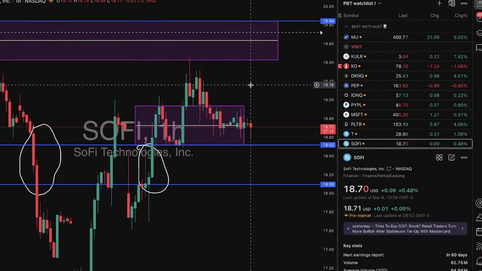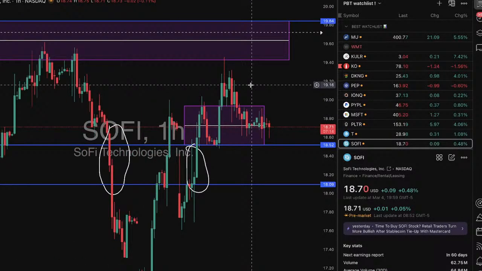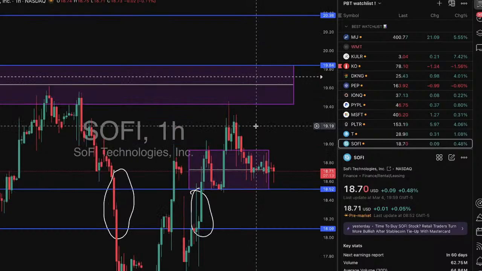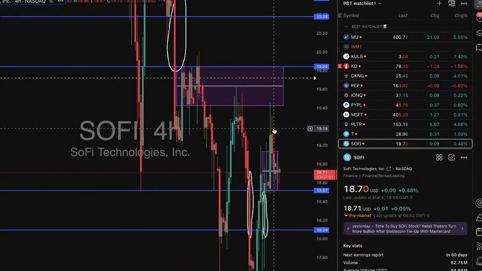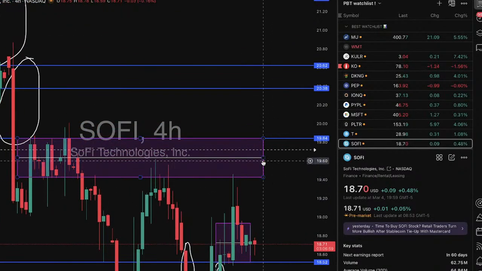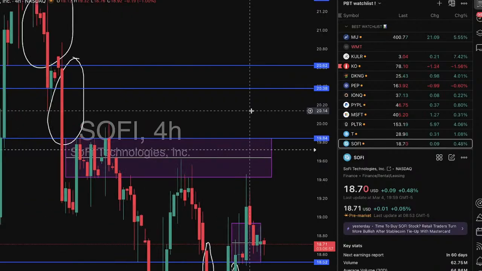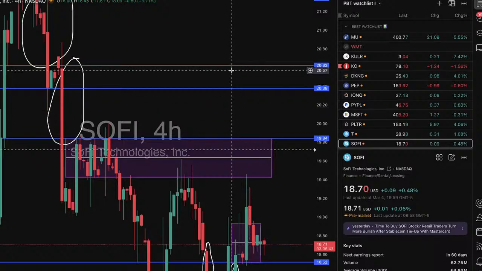All right, so SOFI, it seems like every day it's in consolidation. The only thing about SOFI is it does like to have its moves. At least that's what I've seen. It'll have some moves that you're not expecting, maybe when you're not looking. So this is why I have these alerts here.